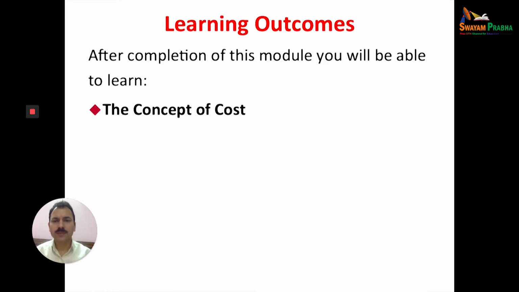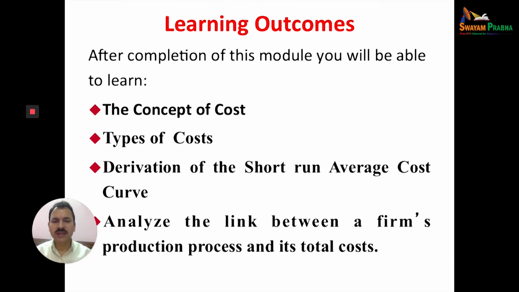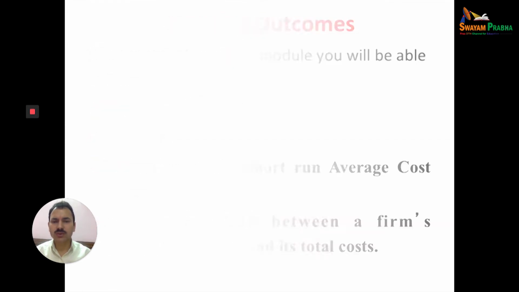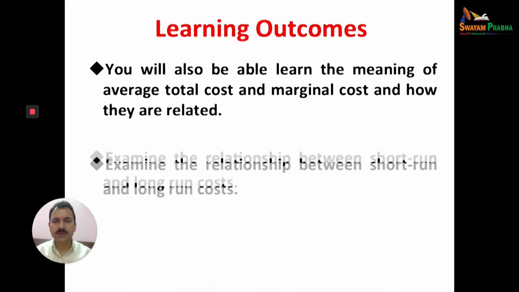focus on the concept of costs, types of costs, and the derivation of short-term average cost. You will analyze the link between a firm's production process and its total cost, and you will also learn the meaning of average cost and marginal cost and how they are related to each other.